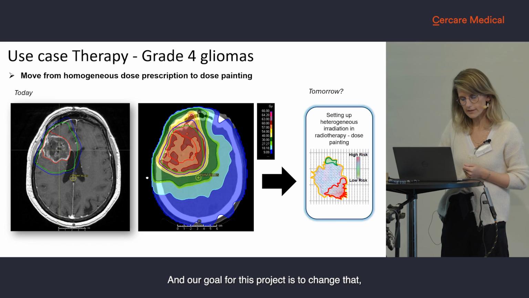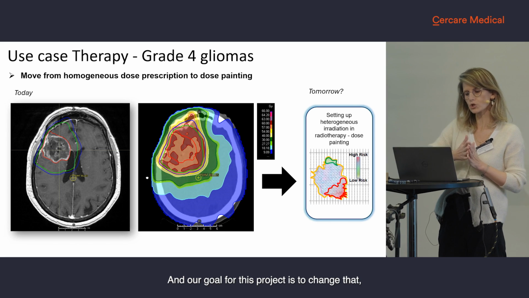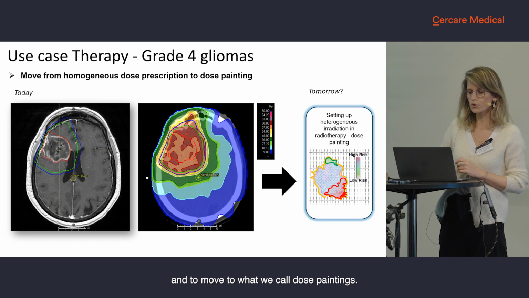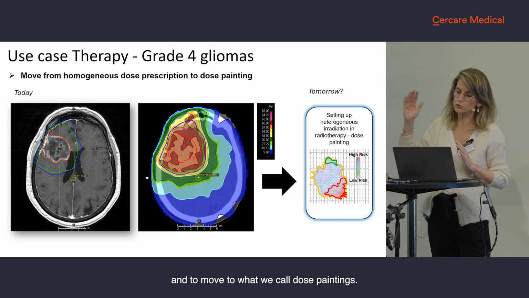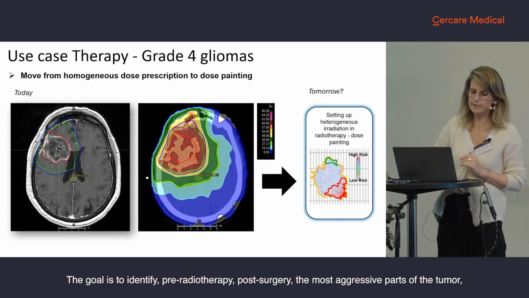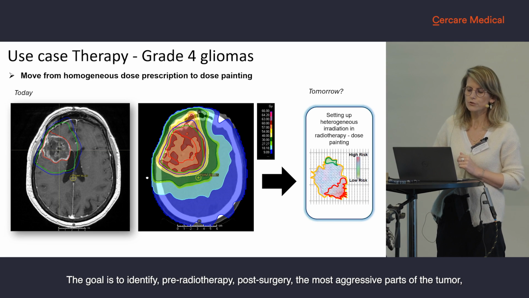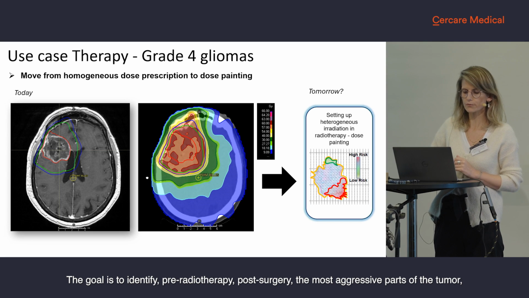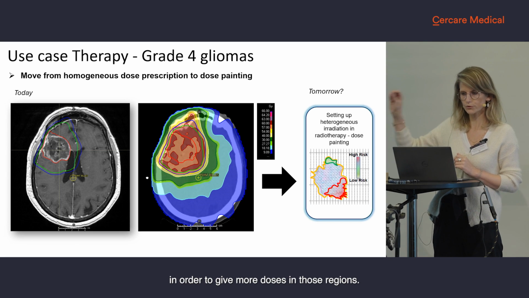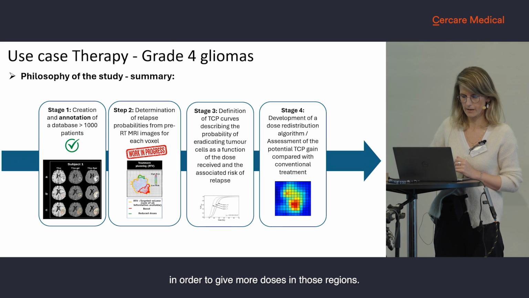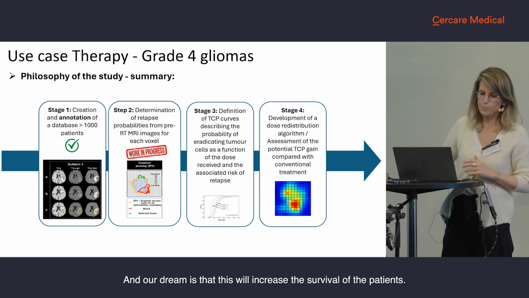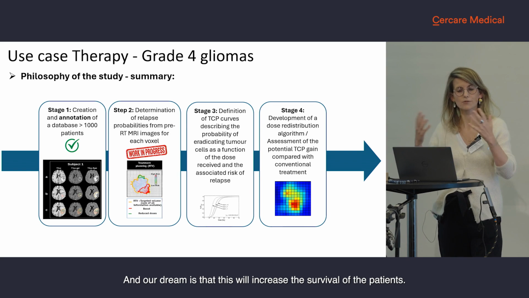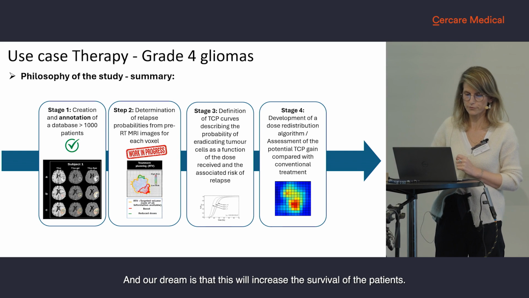And our goal inside of this project is really to change that and to go to what we call dose painting. So the goal is to identify pre-radiotherapy, but post-surgery, the most aggressive parts of the tumor in order to give more dose in those regions. And our hope, our dream, is that this will increase the survival of the patient.